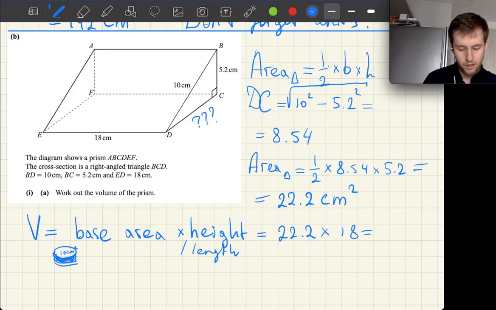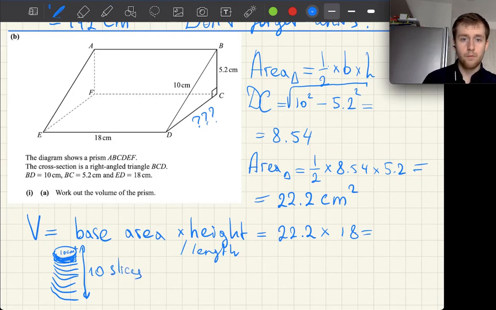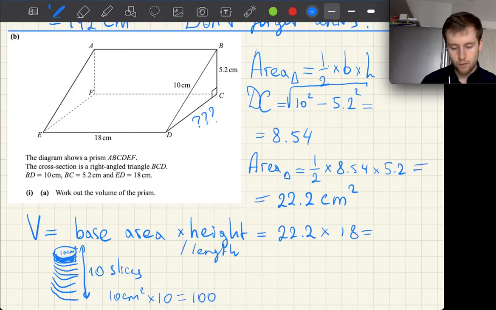If we have 4 slices and so on, we just keep multiplying the area by however many slices we have. So let's say our salami has 10 slices on top of each other. One of them is 10 centimeters squared, and because we have 10 slices, we do 10 centimeters squared times 10, which gives us a total volume of 100 centimeters cubed for this big piece of salami stacked on top of each other.